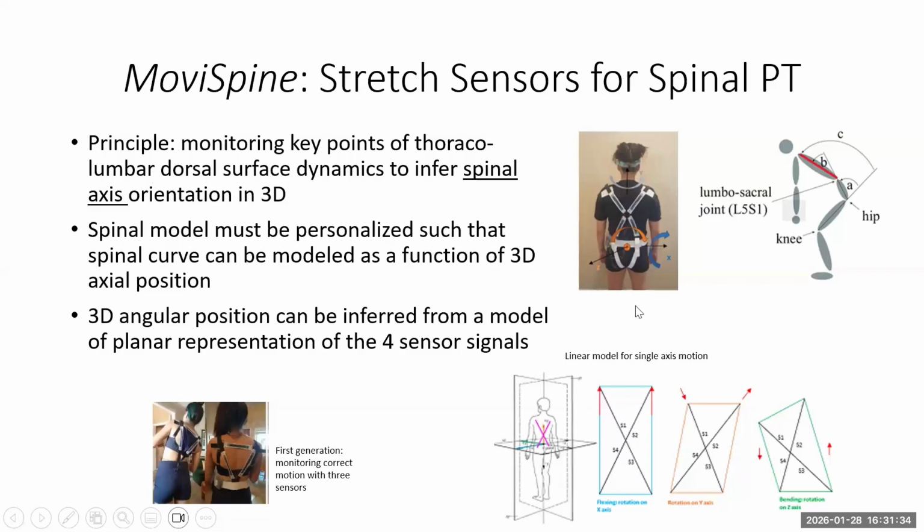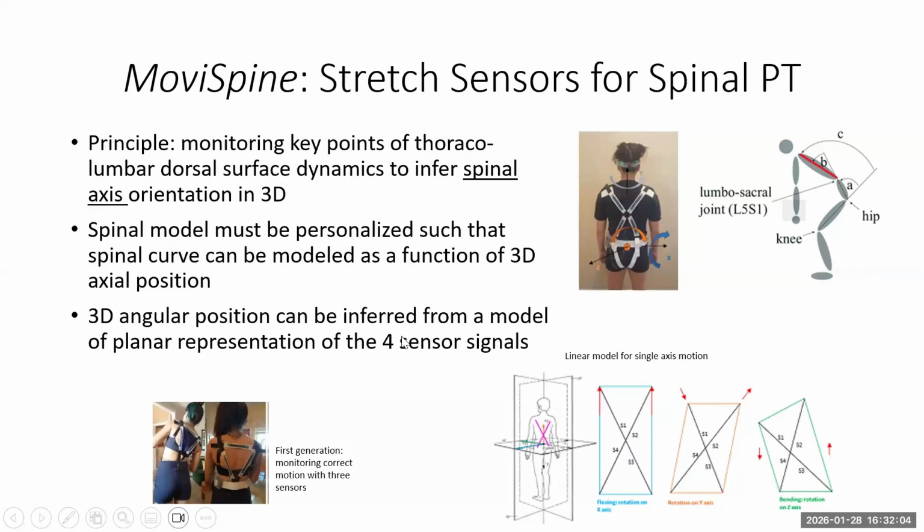So we said, okay, with the 4 sensors, that deformation, we can actually map that on a planar surface and see what it does with different motions in each axis, 1-axis motion, dual axis, and even 3-axis motion, and see what it does.